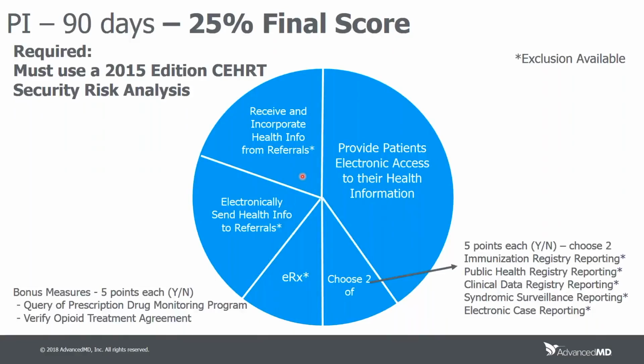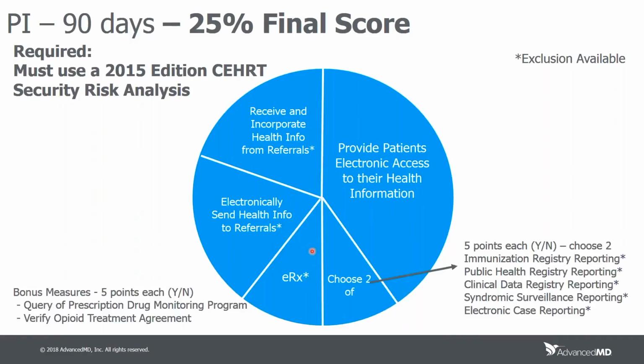The other one is, are you receiving and incorporating health information from referrals? So the incorporate would be what used to be that clinical reconciliation, your medication reconciliation, those pieces and parts that receive and incorporate. We'll talk a little bit more about that in just a second.